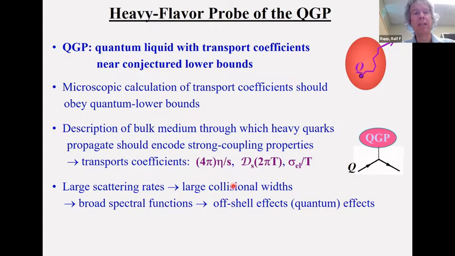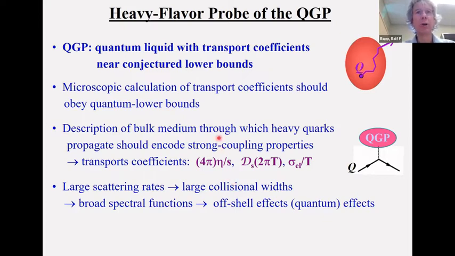If you can do that, or at least attempt that, then we also get the benefit that the various transport coefficients can be calculated from the same underlying interaction. And in this way, we can make connections between what we find from hydrodynamic analysis, from our heavy flavor diffusion, and even electromagnetic probes in terms of the electric conductivity.